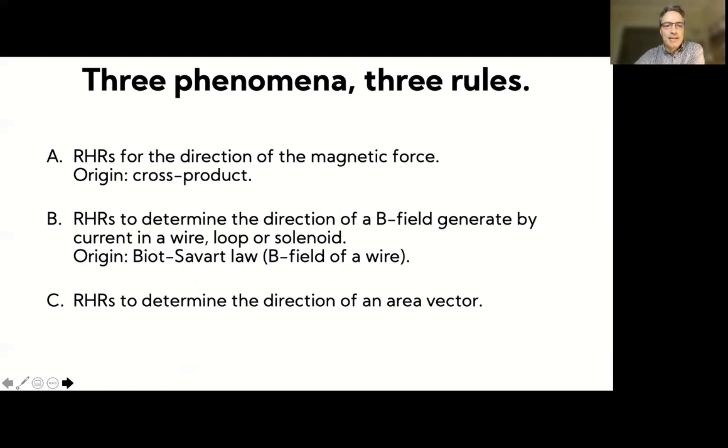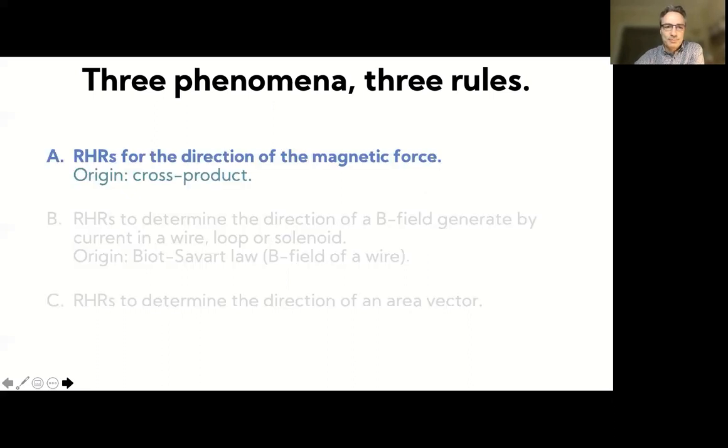And so finally, there is a right-hand rule that we use to determine direction of area vectors, and I'll give some example of that as well. So if you can distinguish between those three cases, it becomes a lot easier to actually figure out which right-hand rule to use. So let's first focus on the first one.